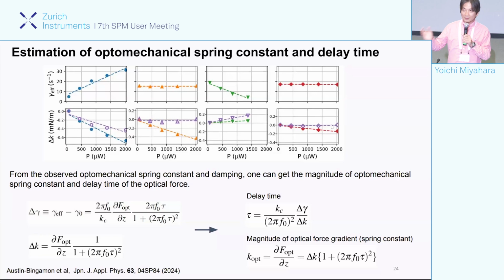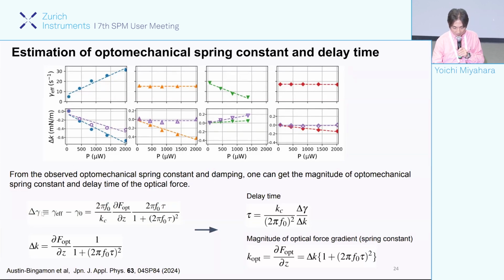So it's good, because now we know the temperature actually slightly increased, so we could actually measure the change in the temperature of the cantilever. And what's nice is that we now have the frequency shift and damping, or correspondingly the optical spring constant and the optically induced damping.